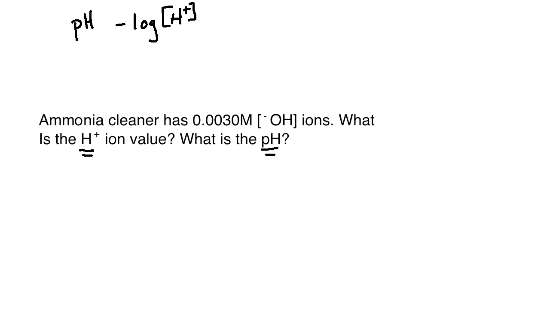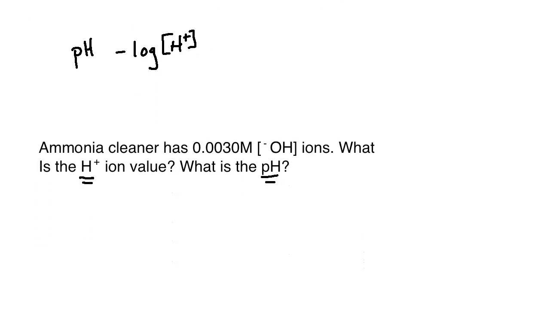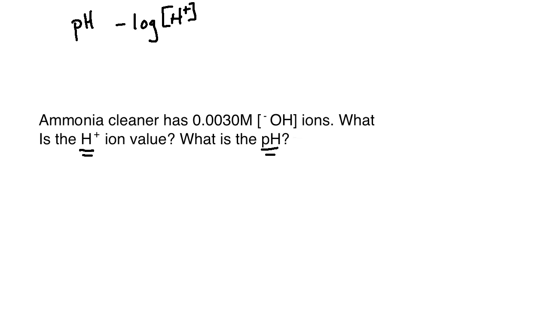So if you remember up here, we said that Kw is equal to H plus times the concentration of hydroxide. So that is set to 1 times 10 to the negative 14th, and we can rearrange that equation in order to solve for the H plus.